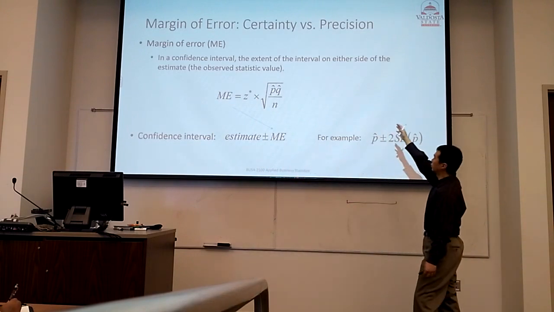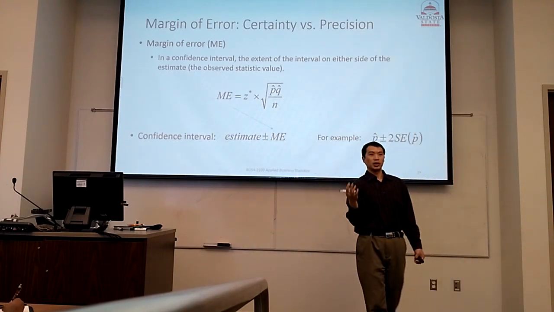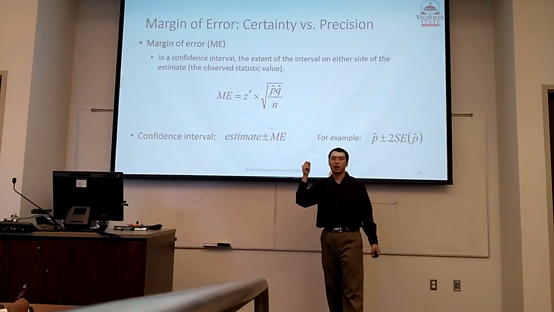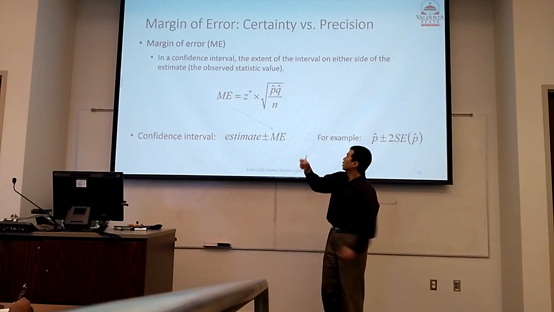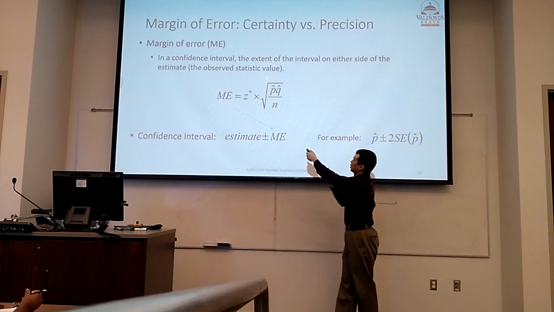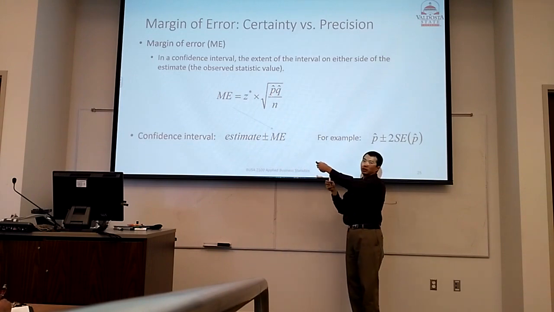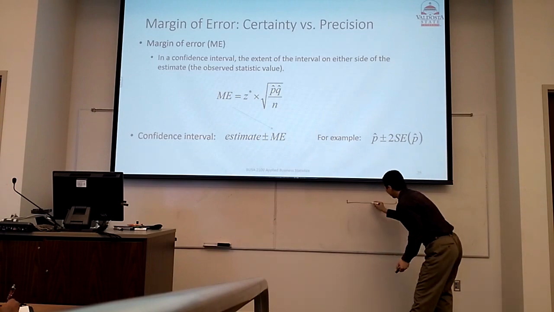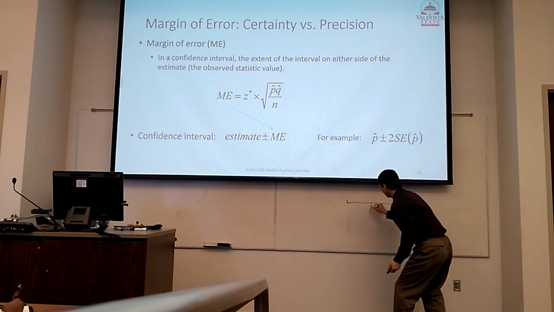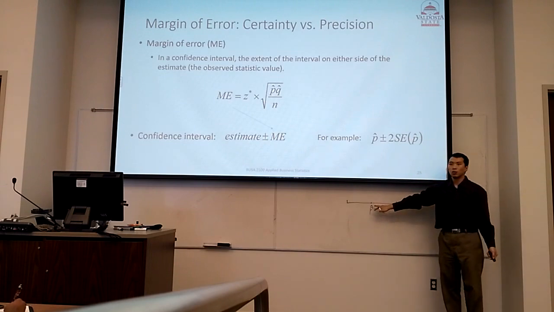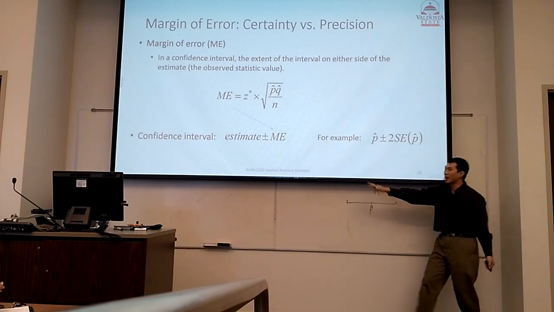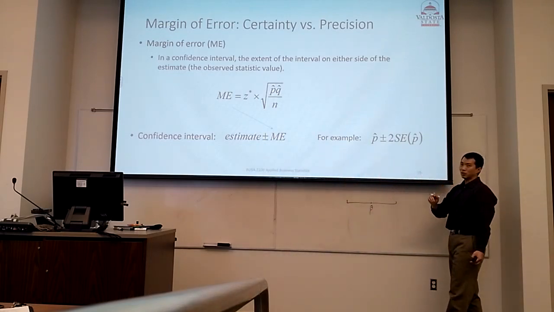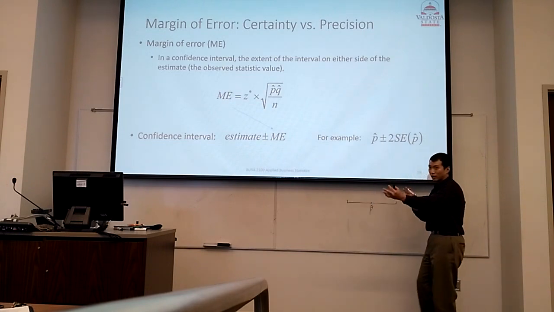Because we are talking about the population proportion, our sample statistic for this application is our sample proportion, the p-hat. Okay? So this is our estimate. For example, here, this is our sample statistic, our estimate. In order to construct a confidence interval, we need to have an interval, a range.